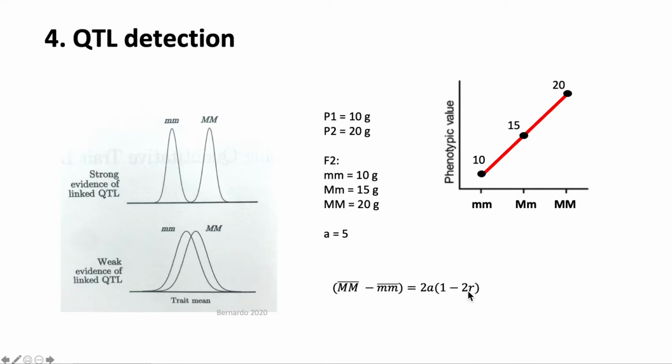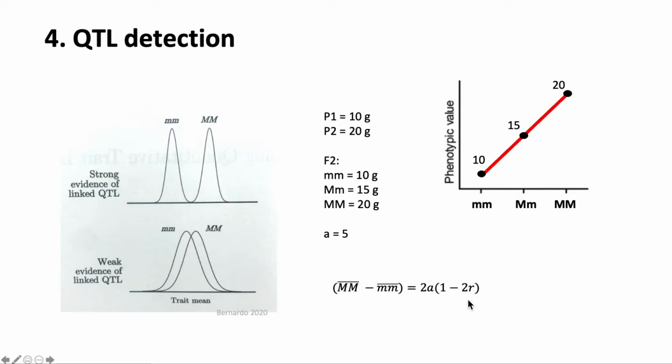You can see that 2 times 0 is 0, so this part of the formula is going to be equal to 1, and in that case the difference between homozygous for big M and homozygous for little m is going to be 2 times the additive effect. As the additive effect is 5, the difference between a homozygous for little m and homozygous for big M is going to be equal to 10. That is what we can see here in the graphic.